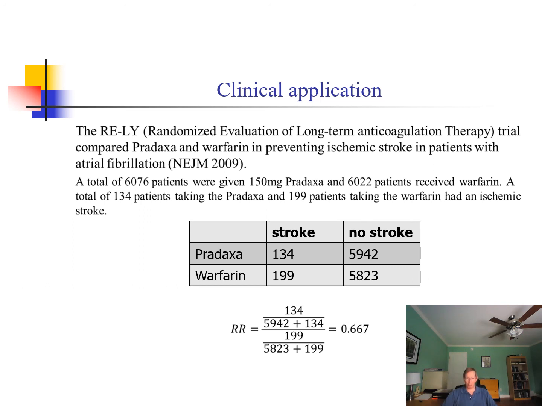This is not done really by hand now. This is done with statistical packages, but I wanted you to understand that it's a fairly straightforward calculation. So I hope that this gives some context into understanding and interpreting medical studies, because this is a very important kind of application.